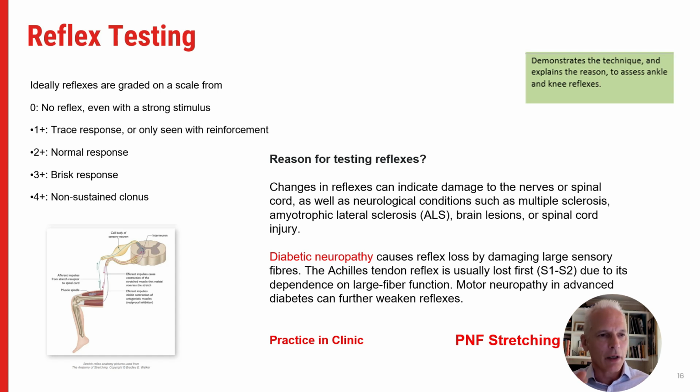It's basically a tightening up of the foot, which typically is a sign that there might be some sort of brain lesion or spinal cord injury occurring. So what you're typically looking for is a normal middle of the road sort of reflex. So you probably won't get to a stage where you're able to discriminate between a 1, 2, 3 or 4, but you might be able to discriminate between a normal and a 0.